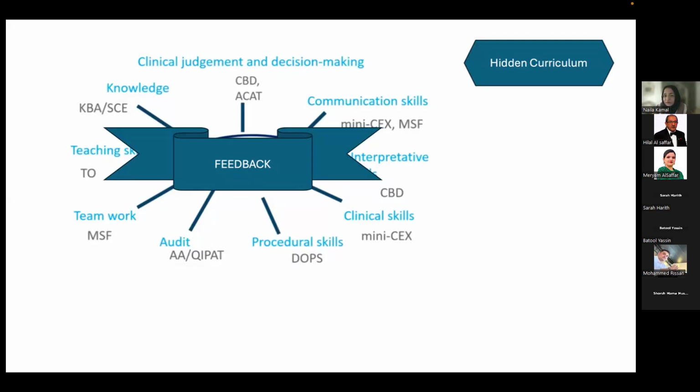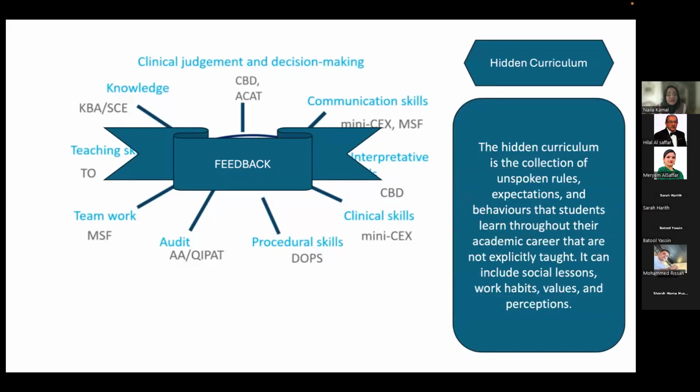So I've spoken about the spiral curriculum, which is different to what you've gone through. And I'm speaking about the hidden curriculum. The hidden curriculum is a collection of unspoken rules, expectations, and behaviors that students will learn through what they observe from role models.